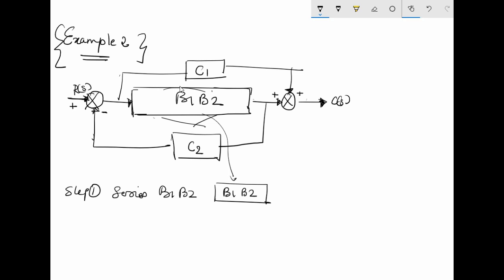And now one thing which I can do is move this summing point to this side. If I am moving this side, I will have to divide by this.